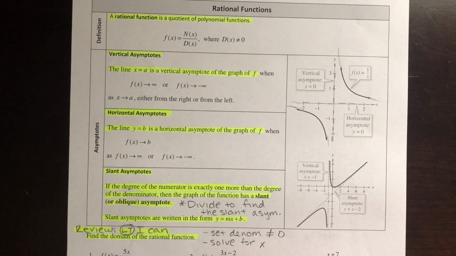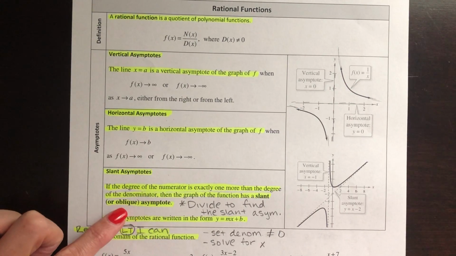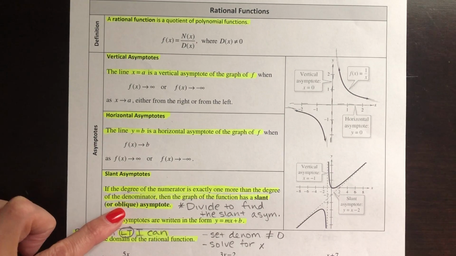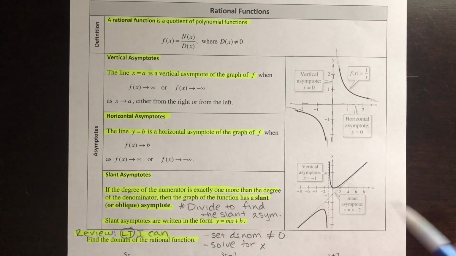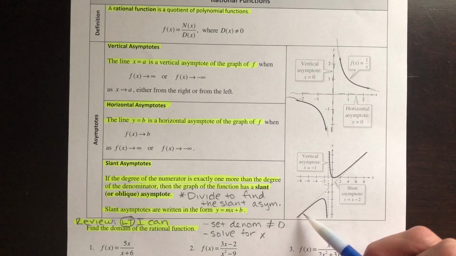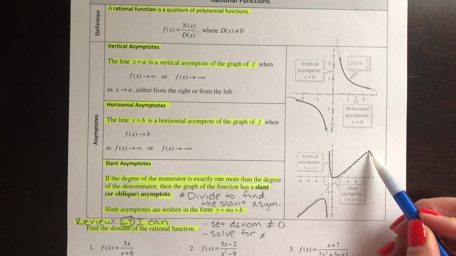Okay, and then the third one is the slant asymptote, sometimes called the oblique asymptote. Those words are interchangeable, slant and oblique. And you could see in this example, this would be your slant asymptote here.